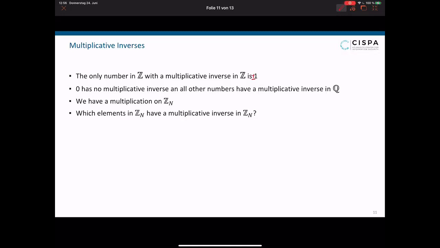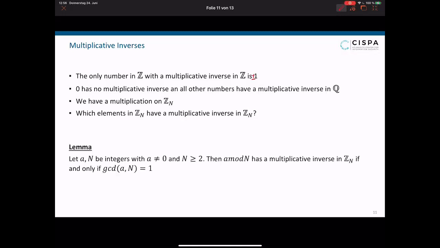We know for Z, this is just plus minus 1. For Q, this is everything but 0. How about this structure Zn, these integers modulo n? Which of these have a multiplicative inverse? And that leads us to the following lemma.